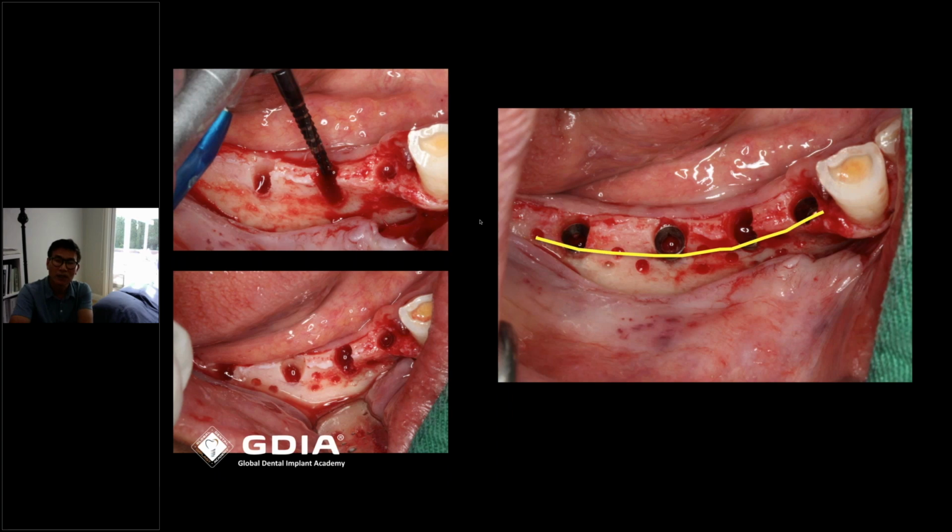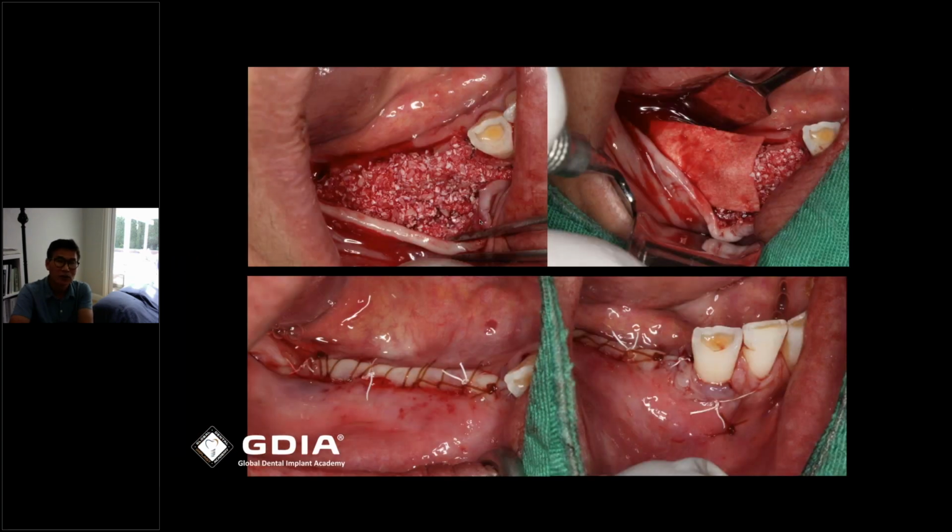So this is the line that I want initially. And then basically I'm using sticky bone. Since it involves some corner vertical, we needed to build up a little bit of height vertically. Sometimes I'm using a membrane. This is non-reusable, of course. And then tension-free primary closure.